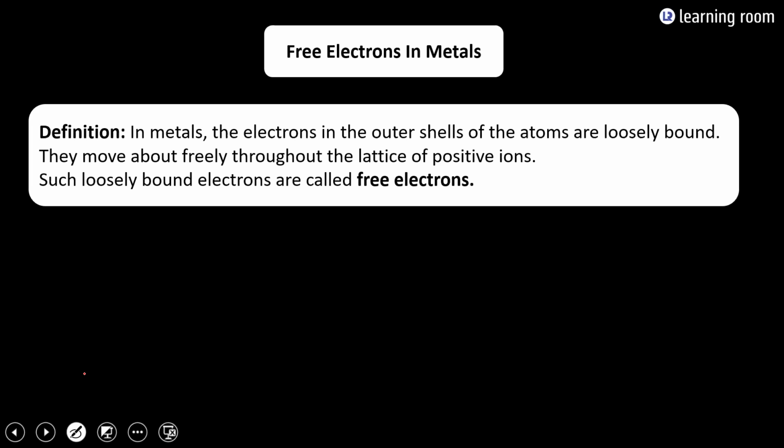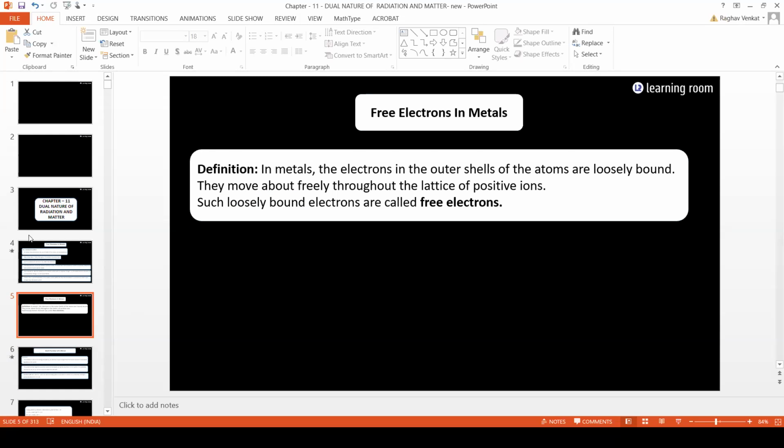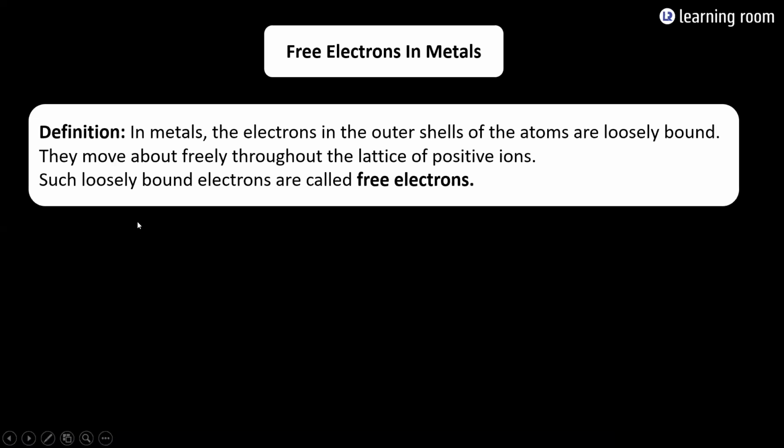They move about freely throughout the lattice of positive ions, and such loosely bound electrons are called free electrons. Am I clear with this point?